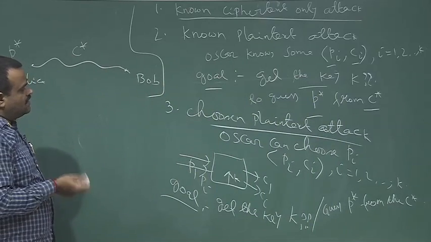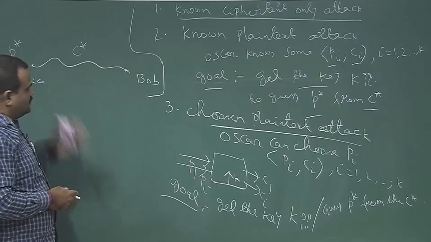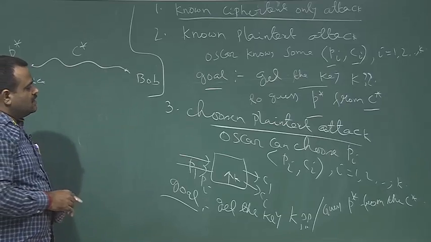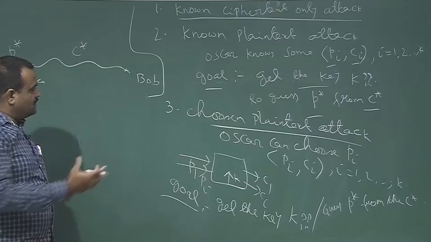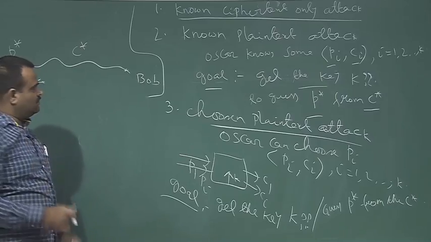P star is the plaintext that they are now communicating. So this is one model, where we give temporary access to the encryption machinery.